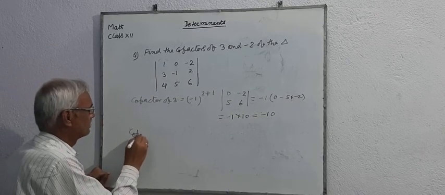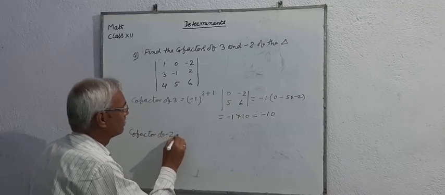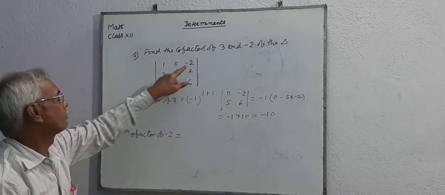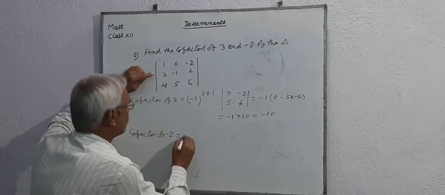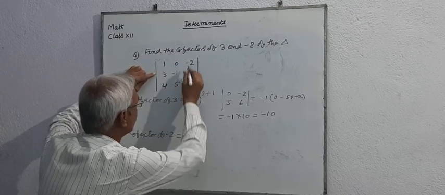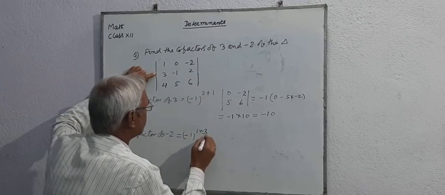Cofactor of minus 2: minus 2 lies in the first row and third column. Minus 1 to the power 1 plus 3.